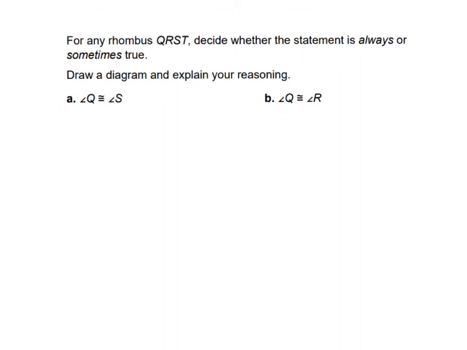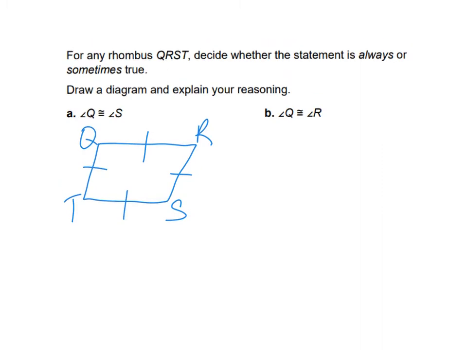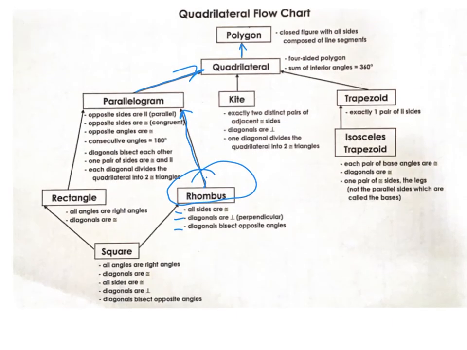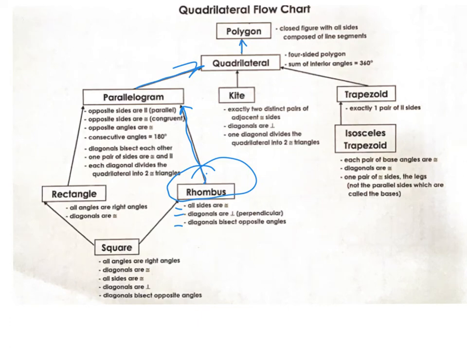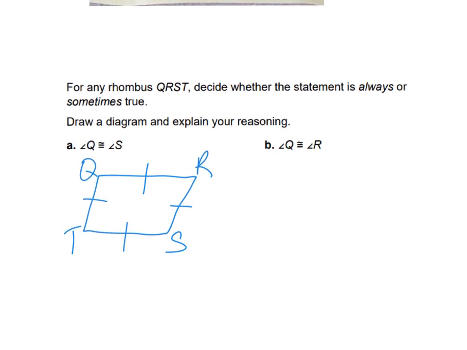Okay, so let's look at this problem. For any rhombus QRST, decide whether the statement is always or sometimes true. So if we sketch out a rhombus, all the sides are congruent to each other, and I label Q, R, S, T. I'm going to go back and look at my flow chart, and I know a rhombus is also a parallelogram, so I can use the fact that my opposite angles are congruent to each other.